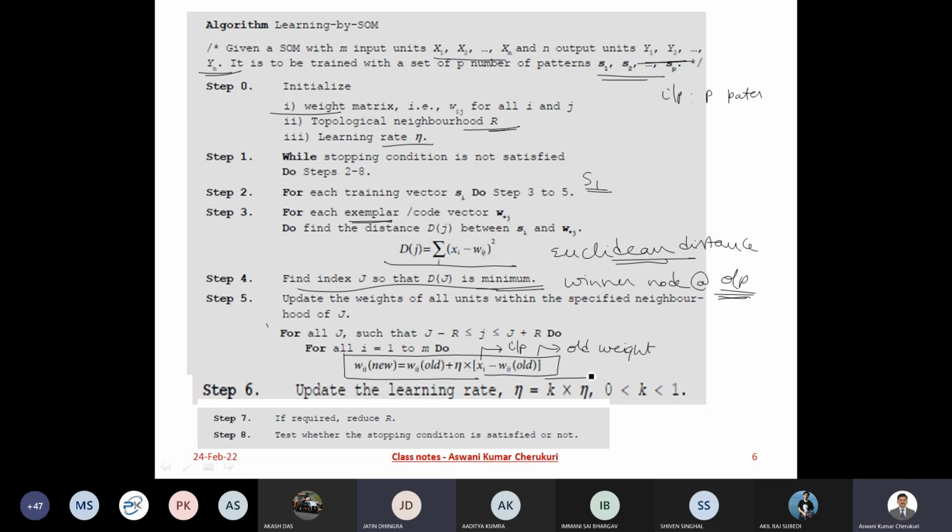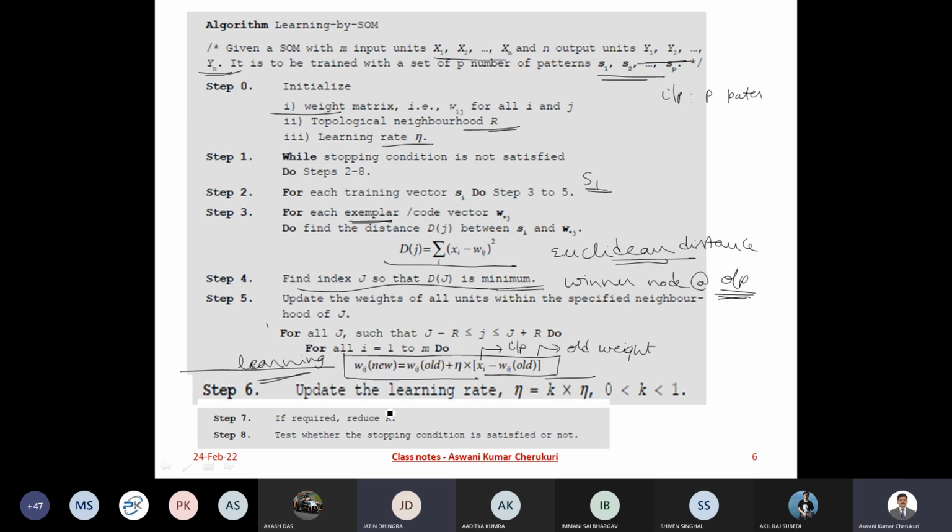Now we did it for one pattern. We do it for all patterns, S1, S2, and so on up to SP. Now we have completed all patterns, which means one iteration is complete by step 5.